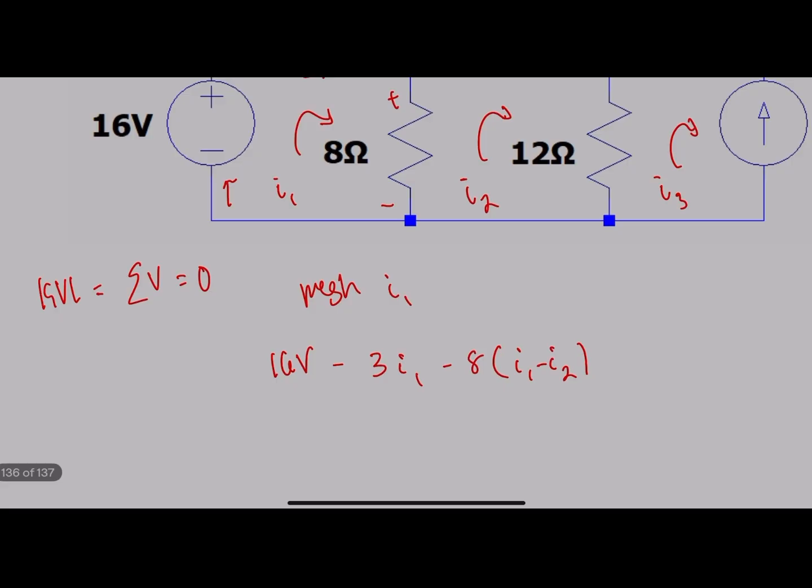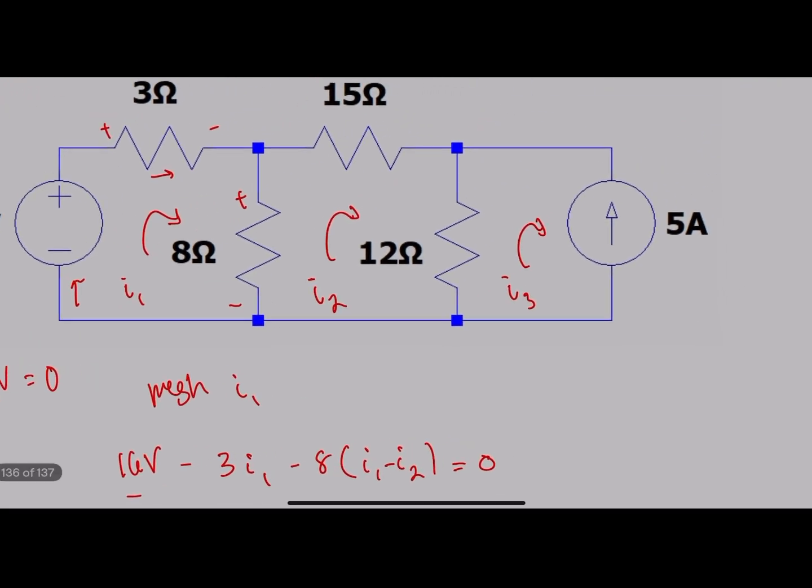And again, this is all Ohm's law here. We got the voltage from the voltage source, and then this is just V equals IR, giving us our voltage drops. And again, that will be 0 because of KVL.